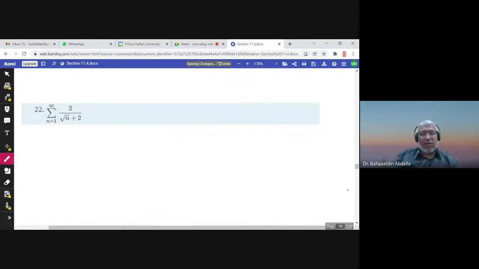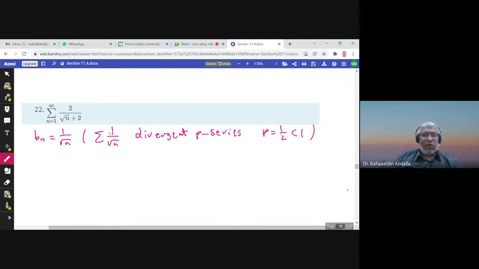Well, here this is a plus, I can make it less than, but it doesn't help because I need it greater than, because bn here is 1 over square root of n. And summation 1 over square root of n is a divergent p-series, because p is a half, less than 1.